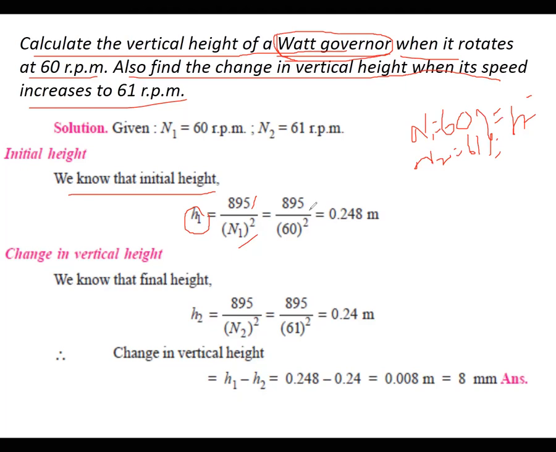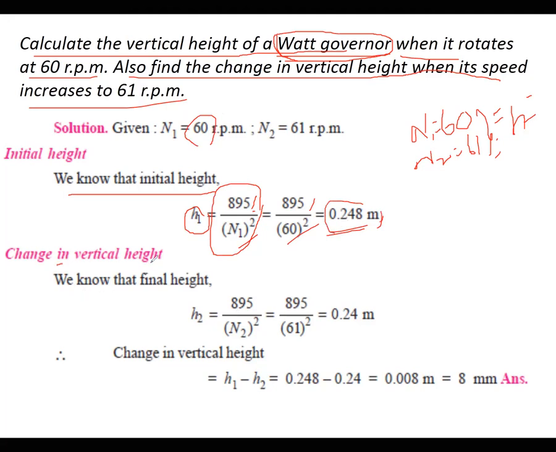So 895 by N1 square is nothing but 60 square, which is equal to 0.284 meters. So it is a ready-made formula from the previous chart. N1 is given, speed is given, that I'm substituting here, so that I have a height of 0.28.